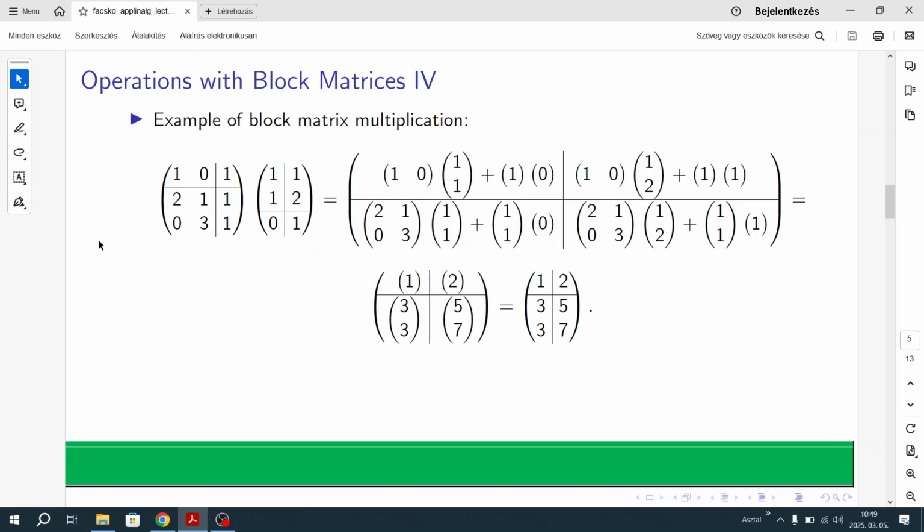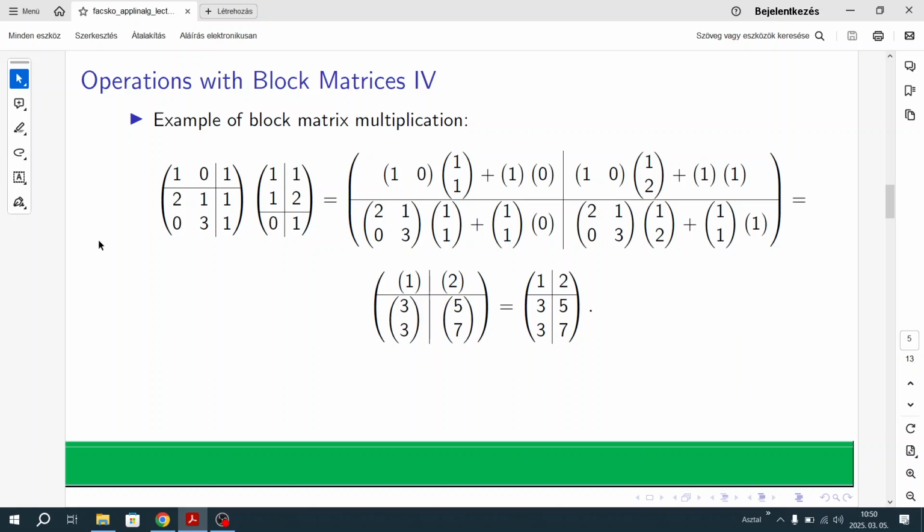And what do you do with the matrix? You multiply. I always tell that you multiply the first row of the first matrix and the first column of the second matrix. But that is a shorter description.